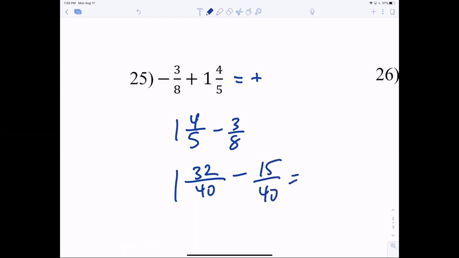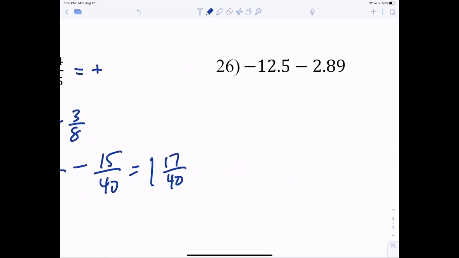So my final answer is, what else? 1 17/40. Is that right? Anybody else get that? 32 minus 15 is 17, right? Good.